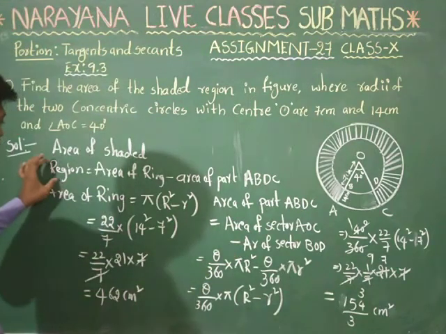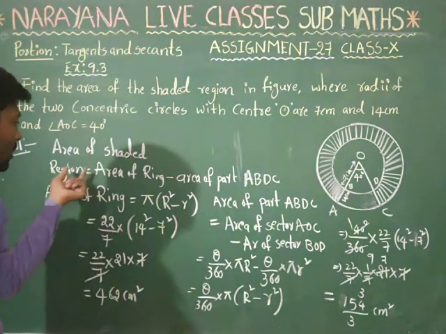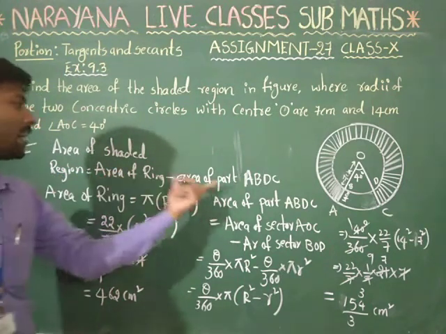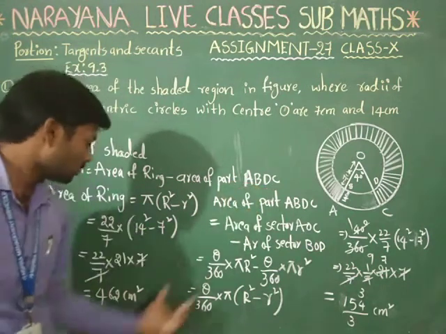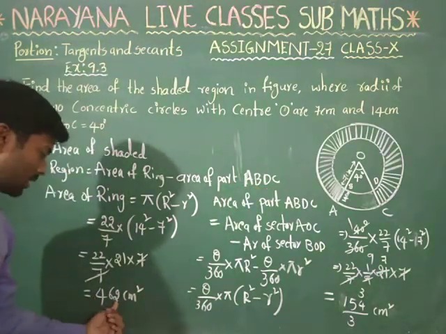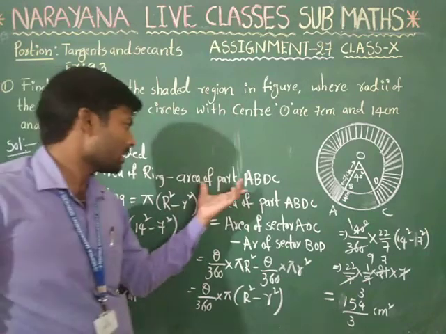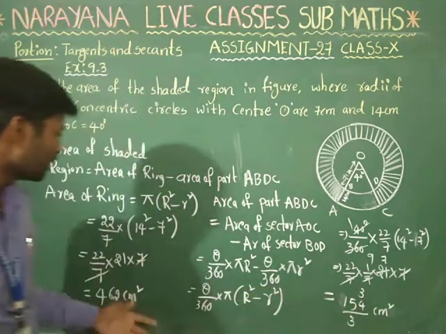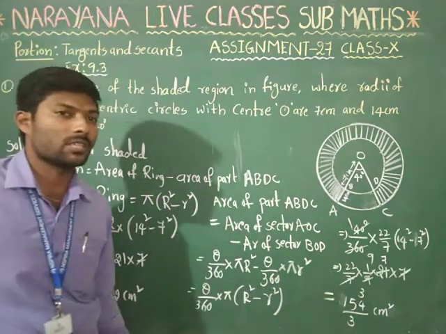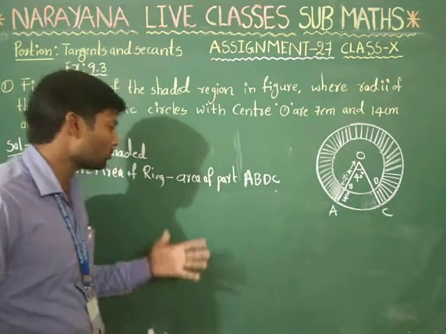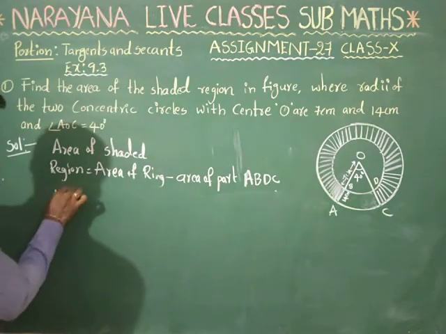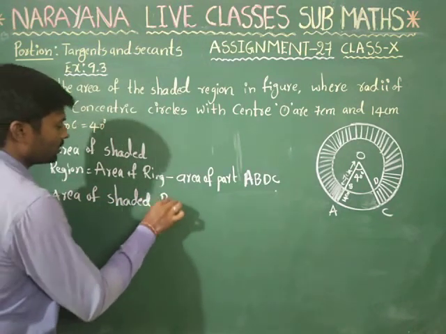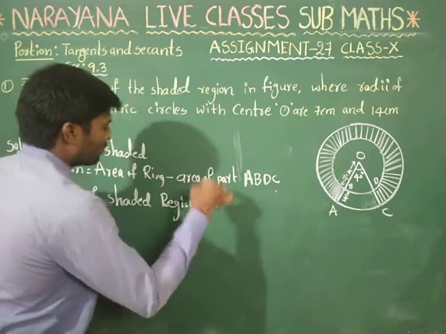Now we need to find the area of the shaded part. In order to find this area, we need to subtract these two: the area of the ring and the area of the part ABDC. The area of the ring is 462 square centimeter, and the area of the part ABDC is 154 by 3 square centimeter. Now let's subtract these two to find the area of the shaded part.